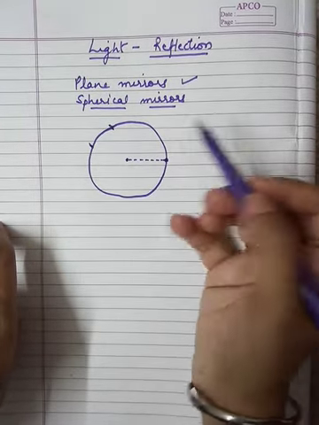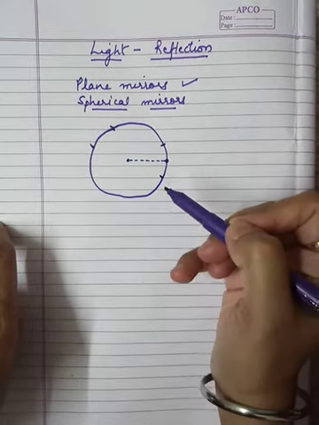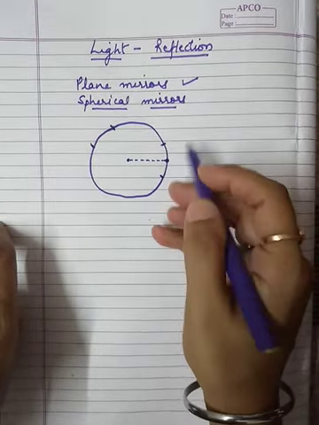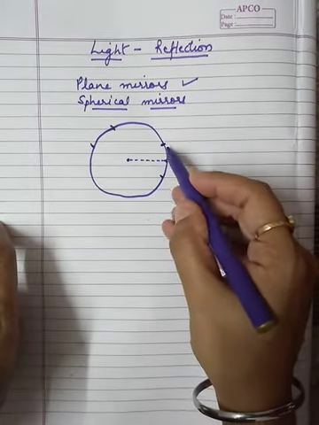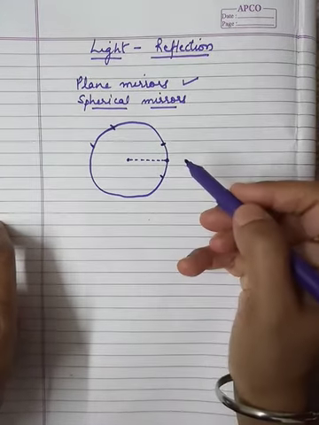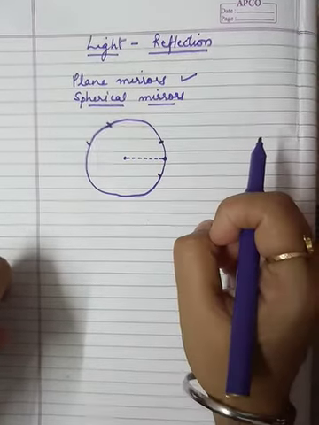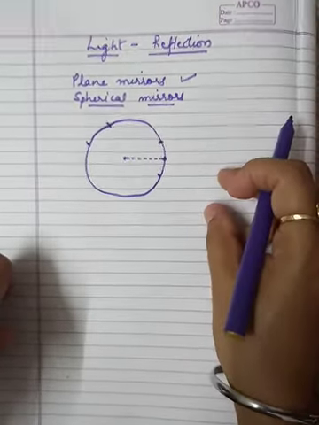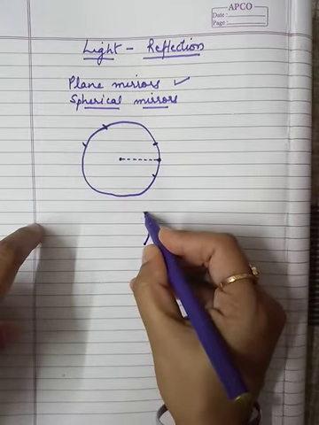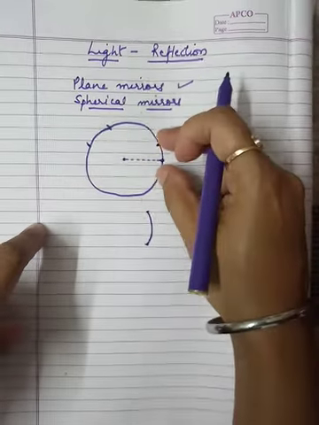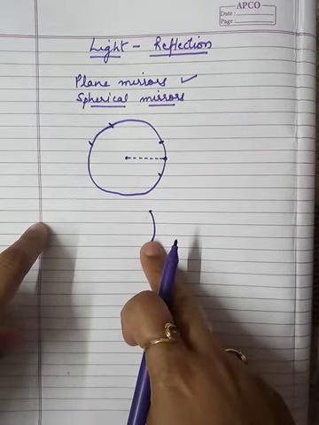So this sphere will have a particular arc, from this part to this part, and in a circular manner we will cut it. This part is separated like this.